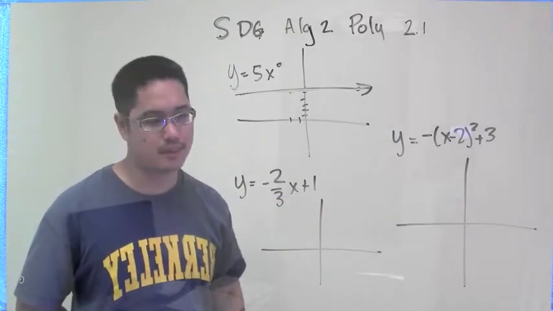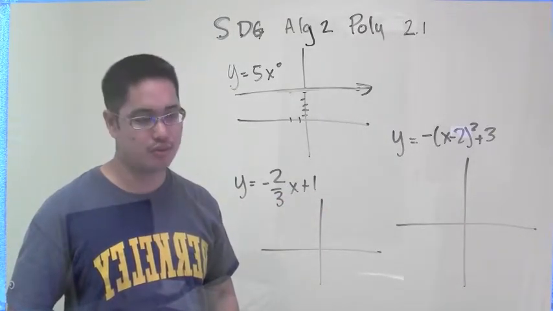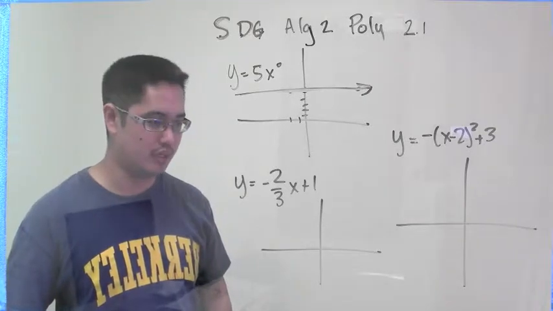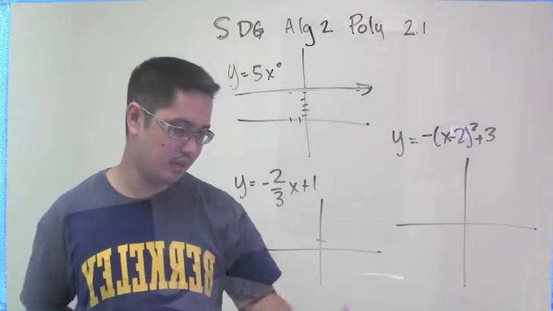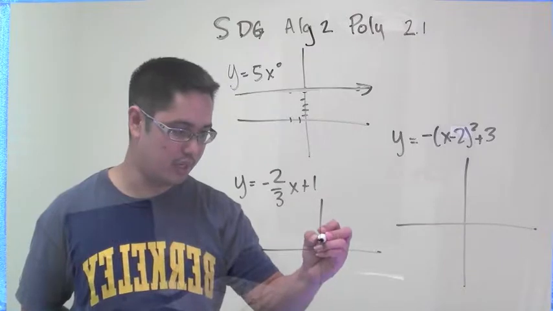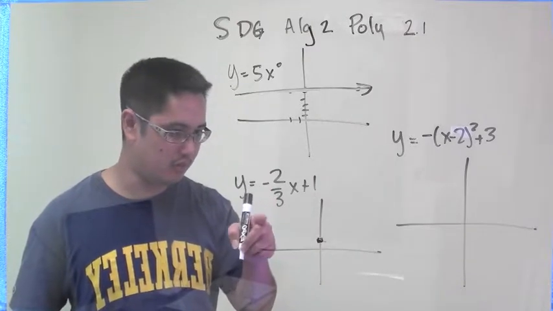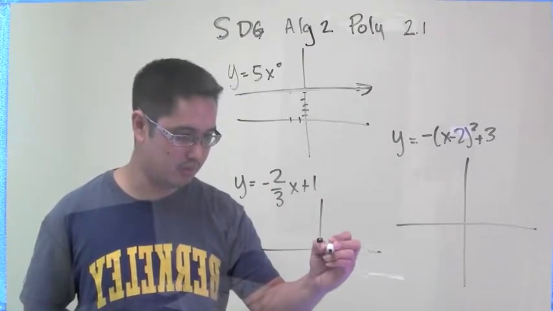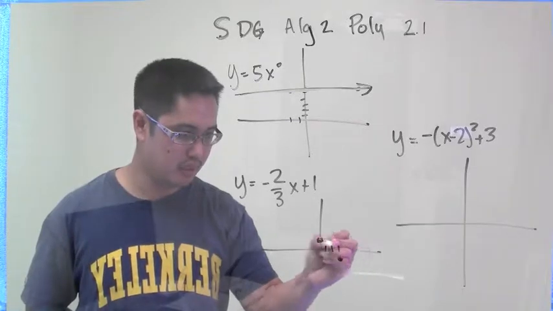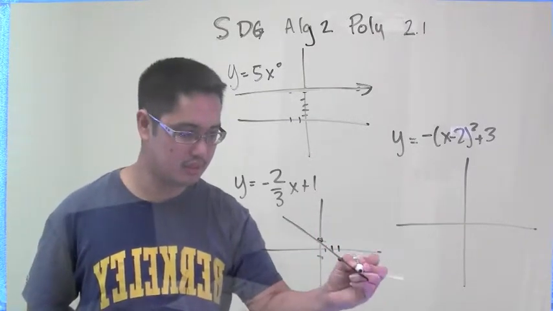This right here you're familiar with. This is y equals mx plus b style. You got a negative 2/3 x plus 1. So that means its y-intercept is 1, and then I go down 2 across 3, so 1, 2, across 3, 1, 2, 3, and the graph kind of looks like this.